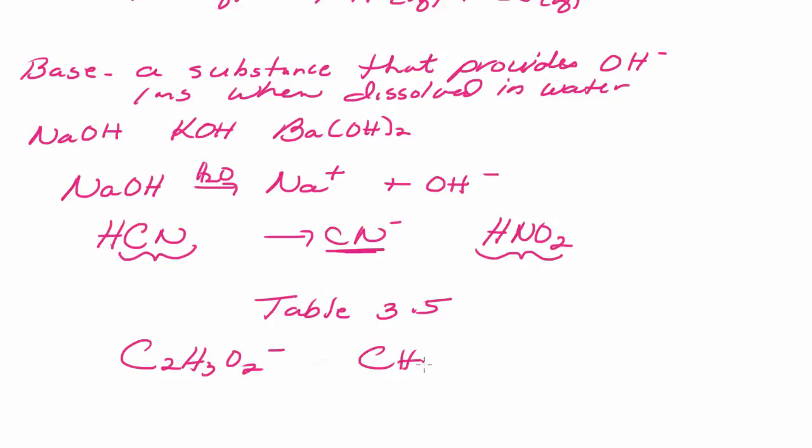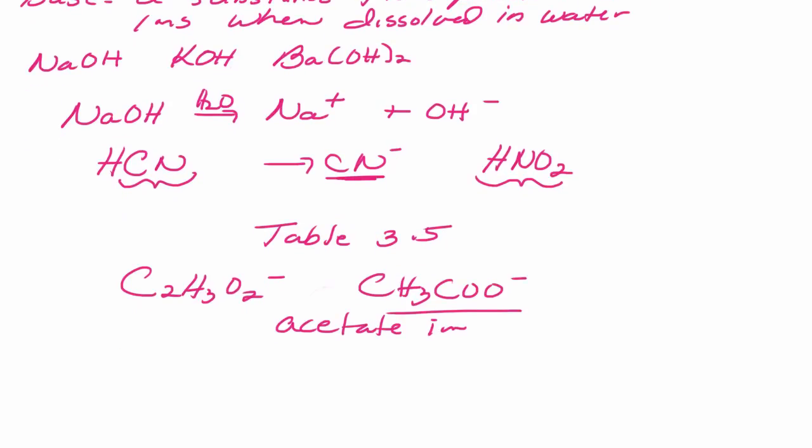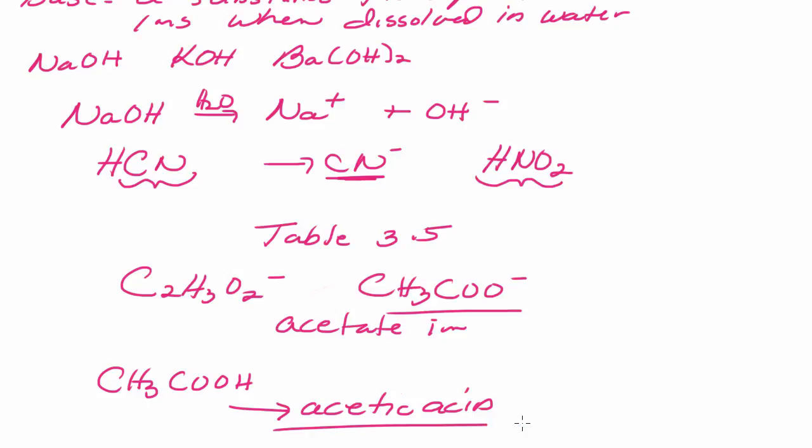We can also represent acetate ion like this. Okay, so make sure that you know that these mean the same thing. These are both acetate ion. In fact, when acetate ion picks up a proton, okay, it becomes acetic acid, something we're all familiar with.